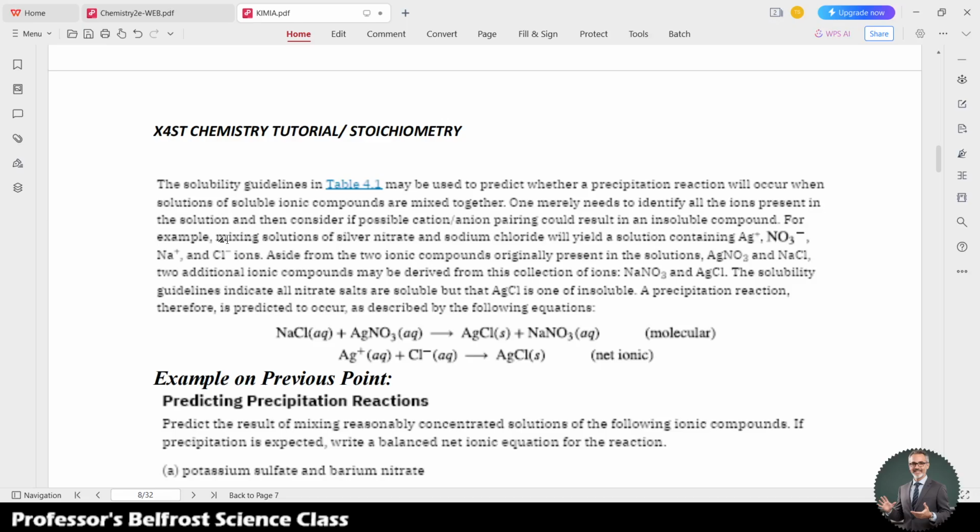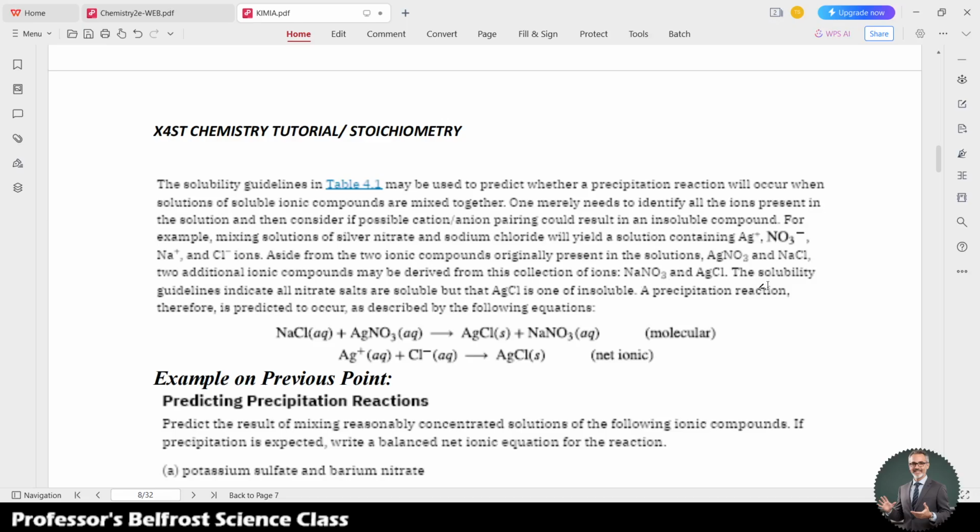Aside from the two ionic compounds originally present in the solutions, two additional ionic compounds may be derived from this collection of ions: sodium nitrate and silver chloride. The solubility guidelines indicate that all nitrate salts are soluble, but that silver chloride is one of the insoluble ones.